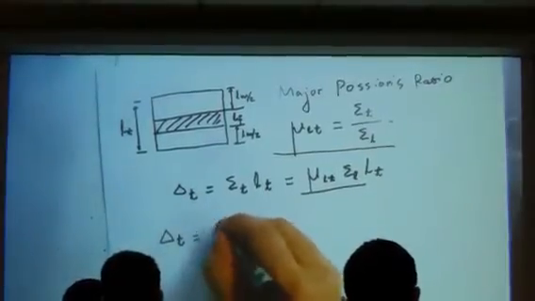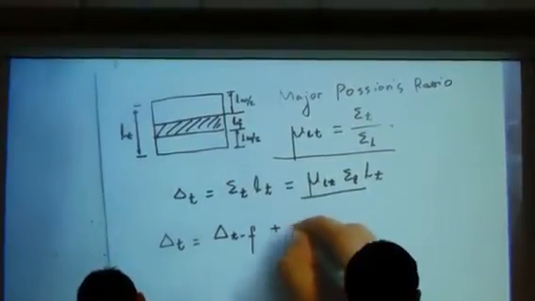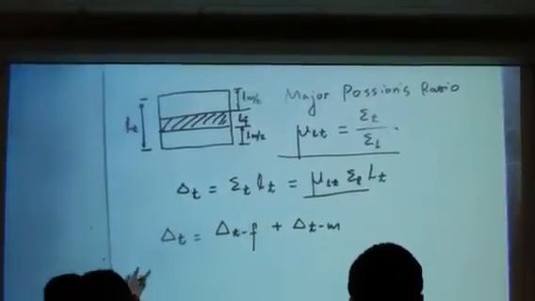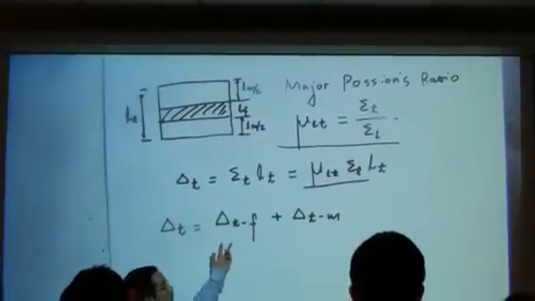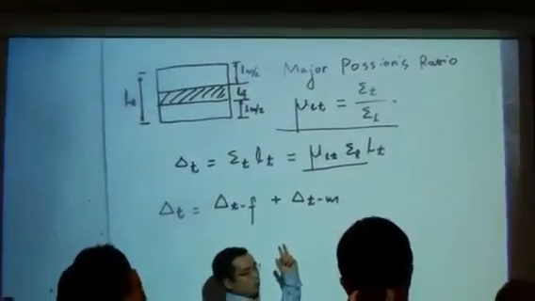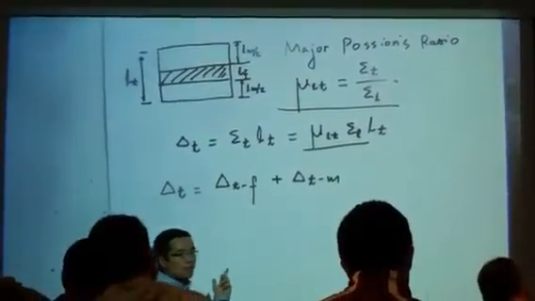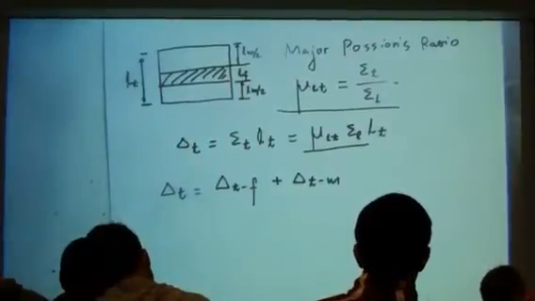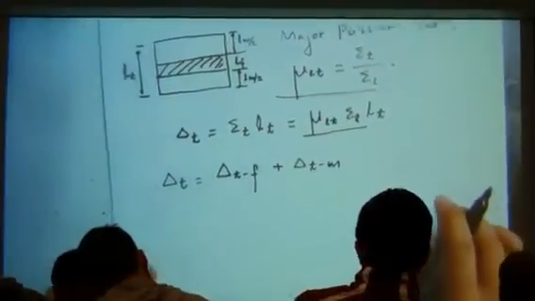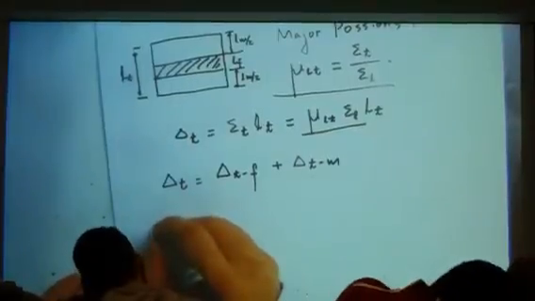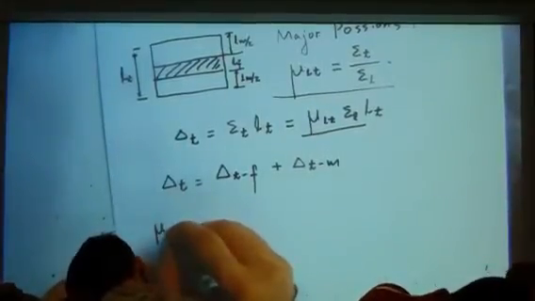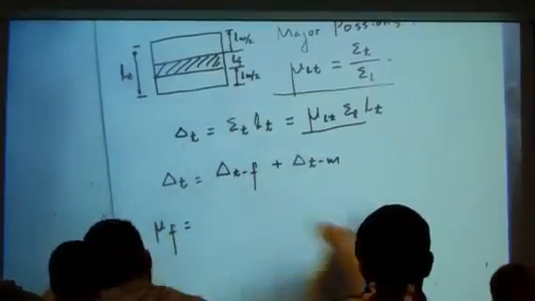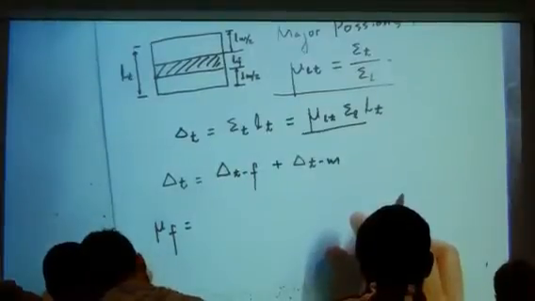We look at the elongation along the transverse direction in another way. The elongation of the whole composite should be a summation of the elongation of the filaments and the matrix. Delta T F is the filament's elongation along the transverse direction. Delta T M is the elongation of the matrix along the transverse direction. And then what is mu F? This is the Poisson's ratio of the filament.